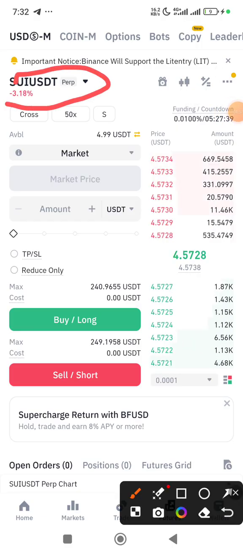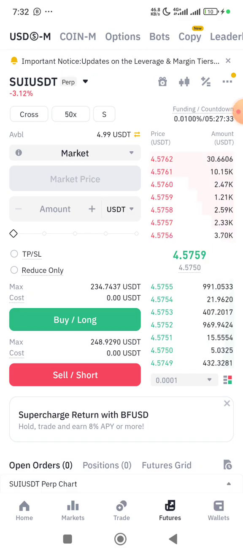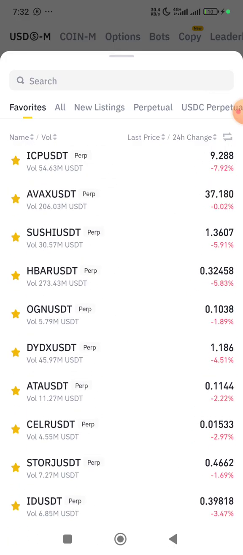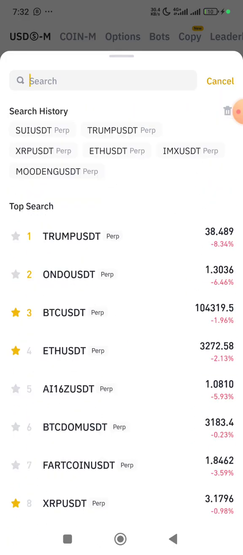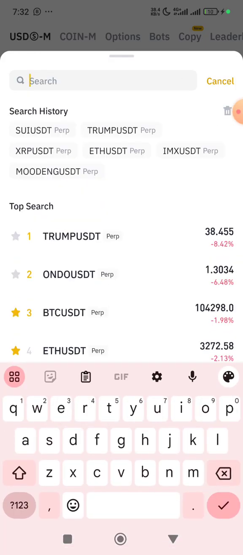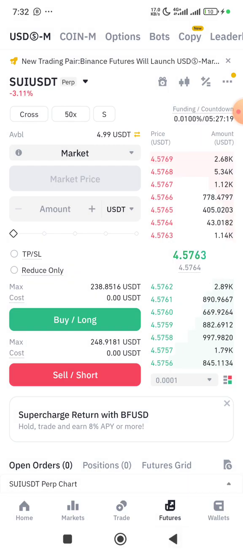All right, you can see it. Currently, this market is on USDT. You can tap on that and you will see other currencies that are listed in the futures market. You can even search for the ones you want. Maybe if you cannot be scrolling to look for the one you want, you can search it, all right, and you go for it. That is number one.